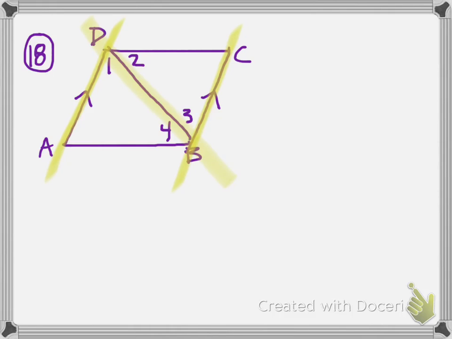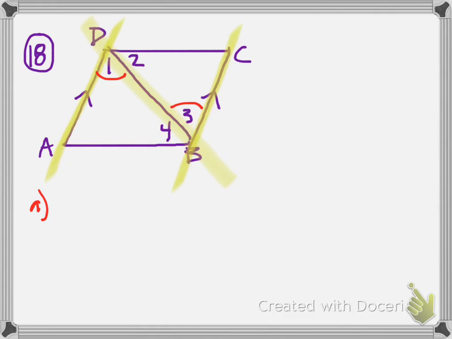Now, if I'm looking at these three yellow lines, the only angles that are formed by the lines are angles 1 and 3. Those are alternate interior angles, which means they're going to be congruent because my lines are parallel. So I'm going to start off with that because that's what I know. Part A says find the measure of angle 1.